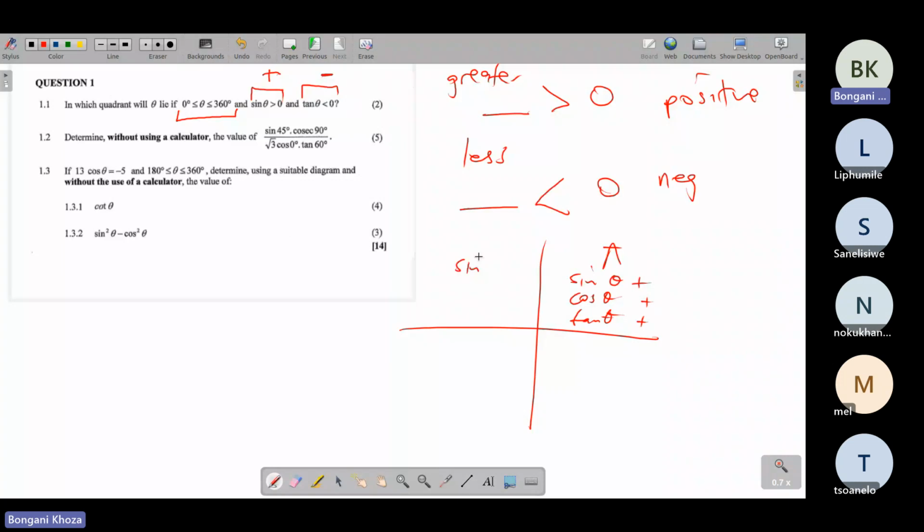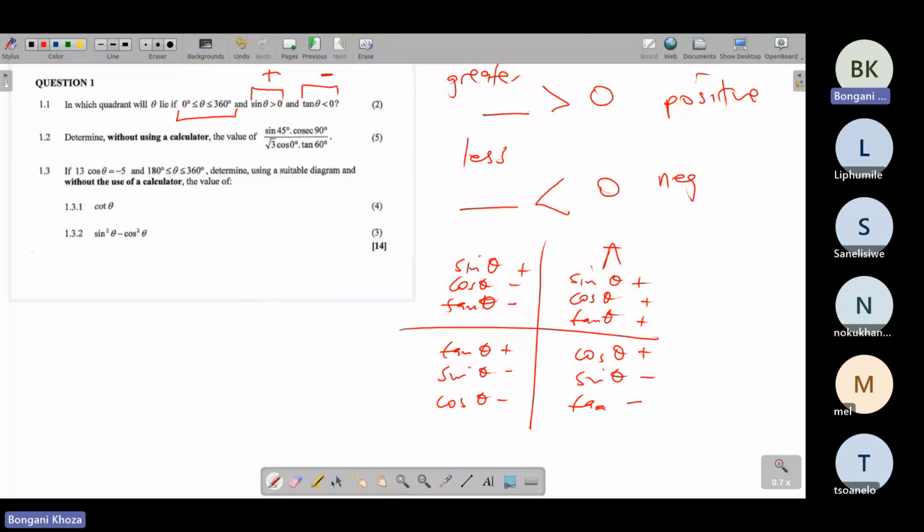Here, only sine theta is positive, cos theta is negative, tan theta is negative. And then here, tan theta is the only one that's positive, sine theta is negative, cos theta is negative. Here, cos theta is the one that's positive, sine is negative, tan is negative.